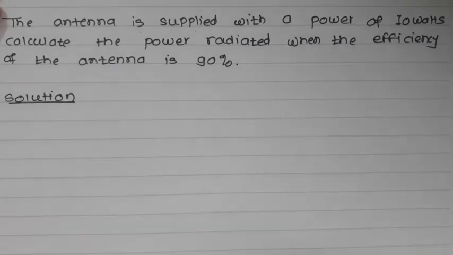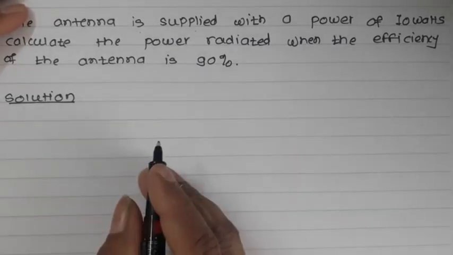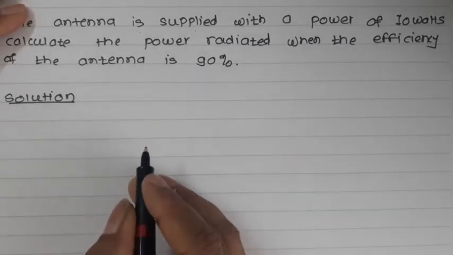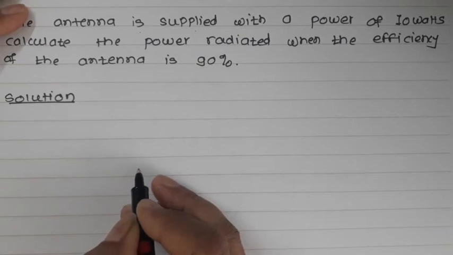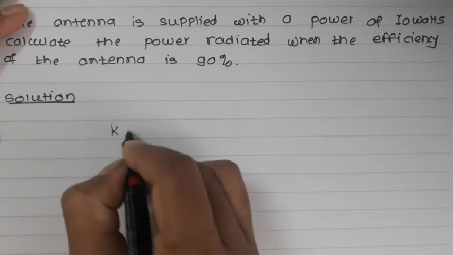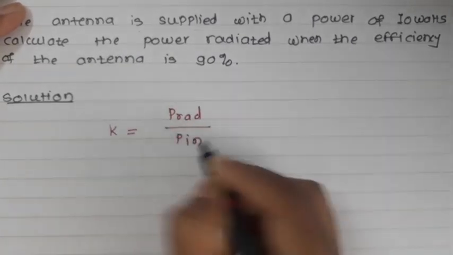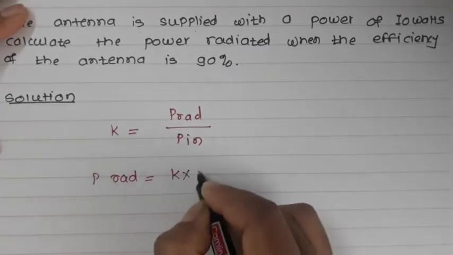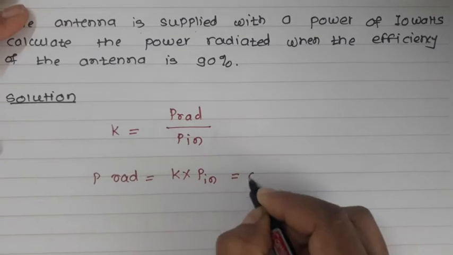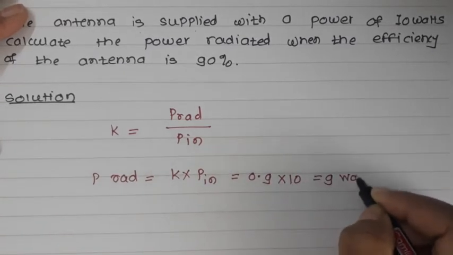So the solution: we are interested in the conduction dielectric efficiency, so we relate P radiated and P in, which is used to calculate the P radiated. So I can say K is equal to P radiated divided by P in. So P radiated is equal to K into P in, which is nothing but 0.9 into 10, which is nothing but 9 watts.